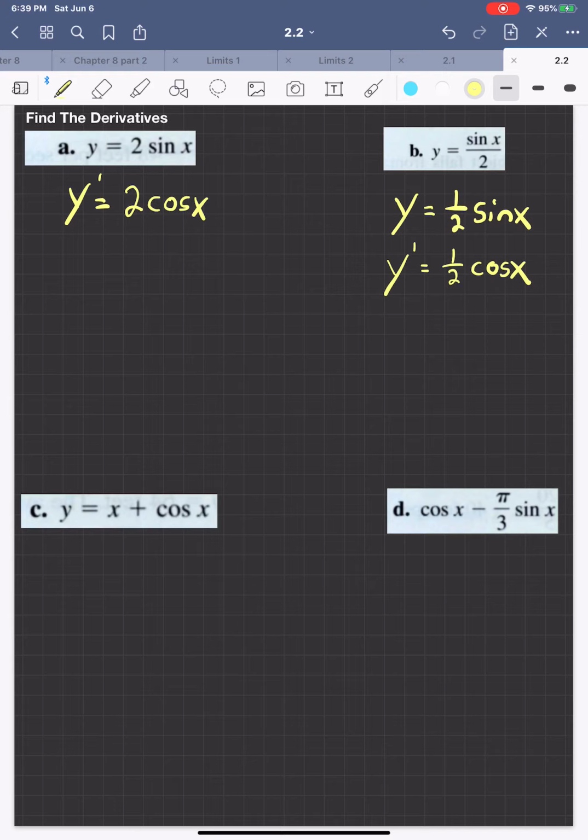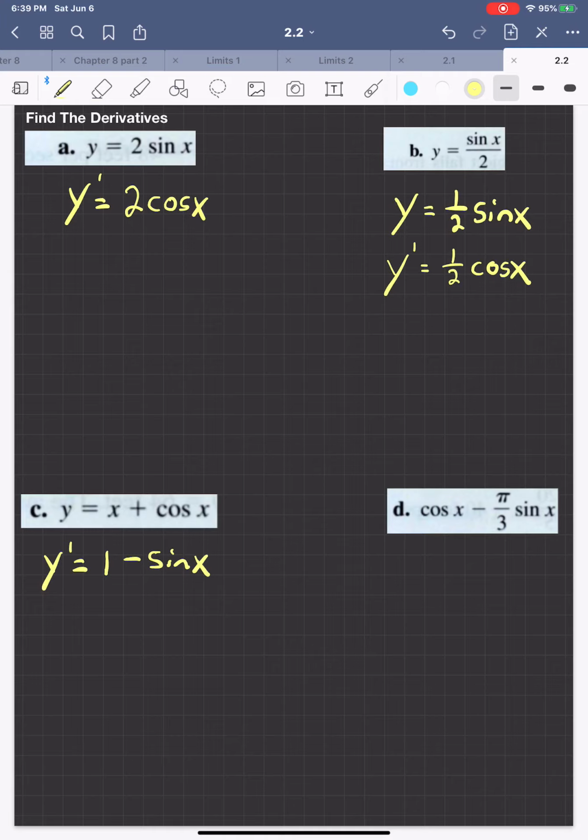Okay, so again, part C, we don't need to rewrite part C. Y prime, the derivative of x is just 1, right? That's 1, you know that. I've already explained to you about anything to the power of 0. And of course, the derivative of cosine is negative sine, so minus sine of x. So that's simple. Finally, let's do part D. So we're going to take the derivative term by term.